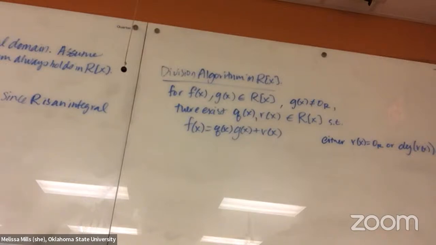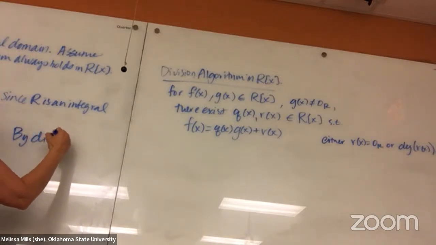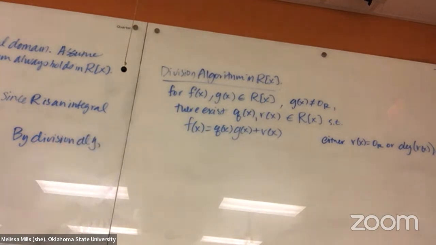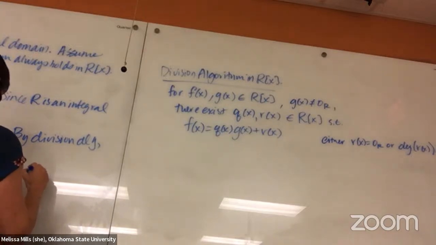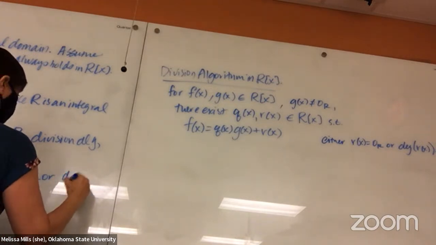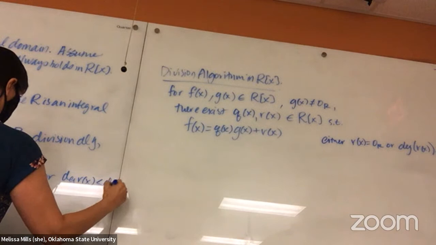Then you can say, by the division algorithm, there exist a Q of X and an R of X such that F of X, so 1 R, is equal to G of X, A, times Q of X plus R of X. And we know that either R of X equals 0 or the degree of R of X is strictly less than the degree of G of X.